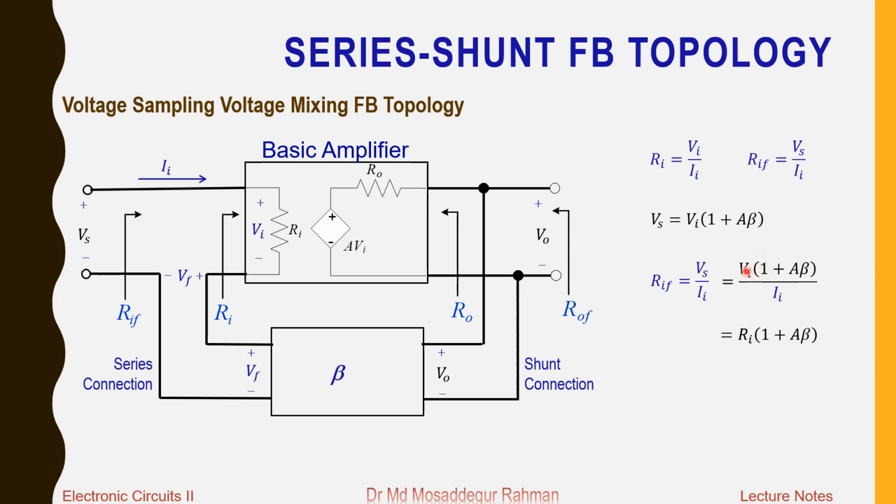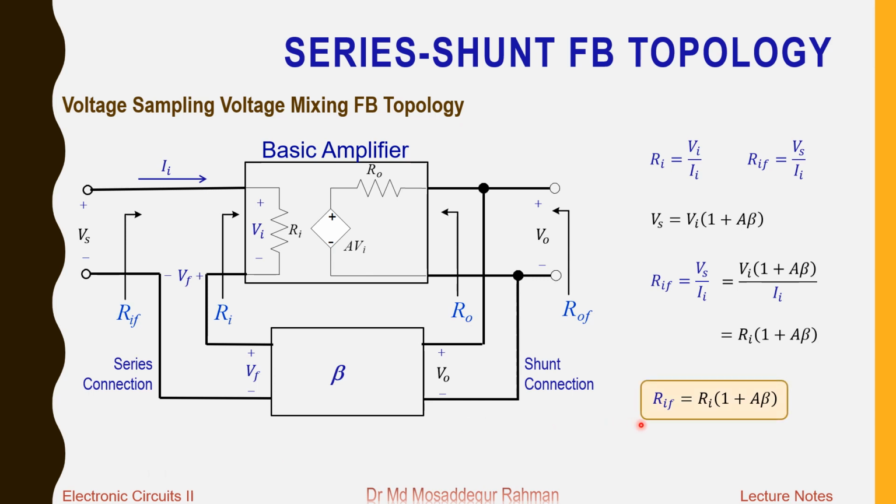So now here we have Vi by II, which we can replace by Ri, the input resistance, and finally we get this expression for RIF, which is Ri times 1 plus A beta. So here we can see that the input resistance with feedback is given by Ri, the input resistance of the basic amplifier, times 1 plus A beta. So that is our final expression for input resistance with feedback.